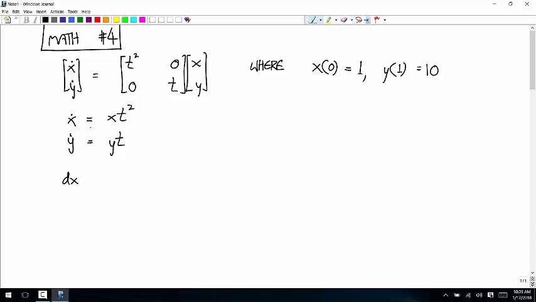So dx over x is equal to t squared dt. Integrate both of those. So natural log of the absolute value of x is equal to t cubed over 3 plus c1.